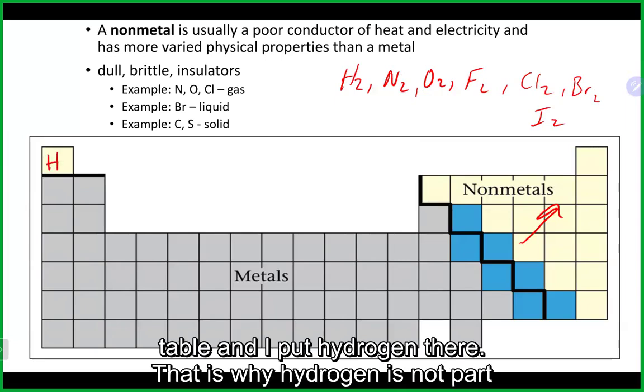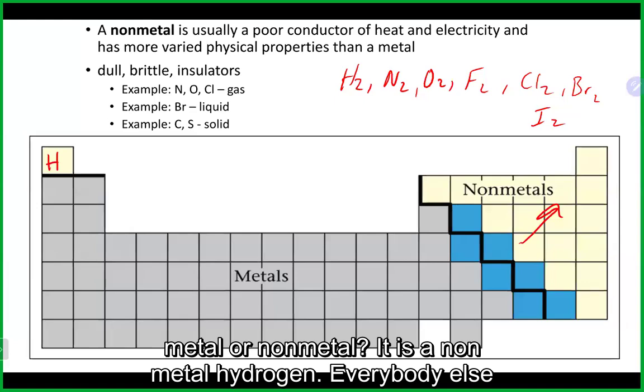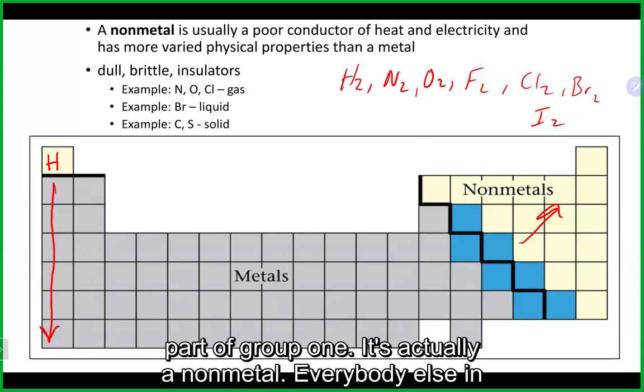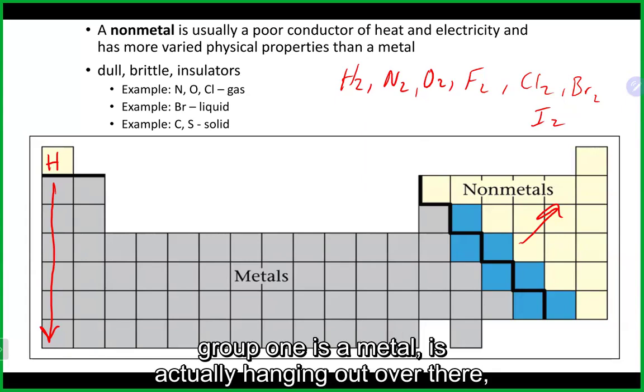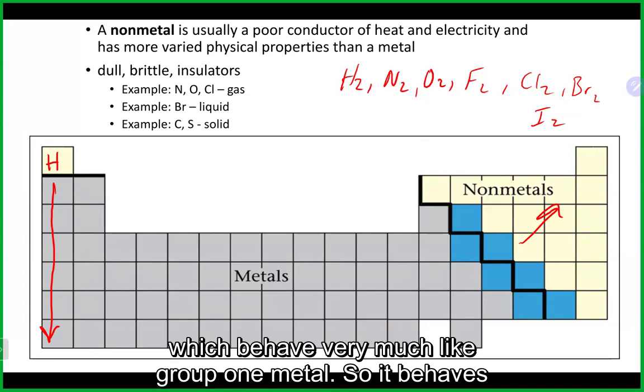That is also why, when we come over here to our periodic table and I put hydrogen there, hydrogen is not part of group 1, because hydrogen is what type of element? Is it a metal or a nonmetal? It is a nonmetal, hydrogen. Everybody else in group 1 is a metal, yeah? So that is why hydrogen is not part of group 1. It's actually hanging out over there because hydrogen has some unusual properties, some of which behave very much like group 1 metals.